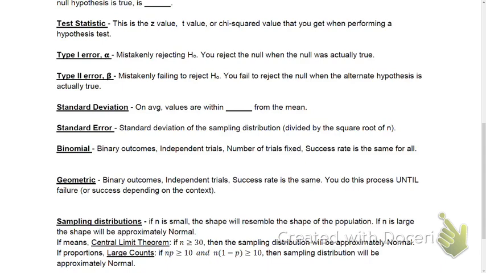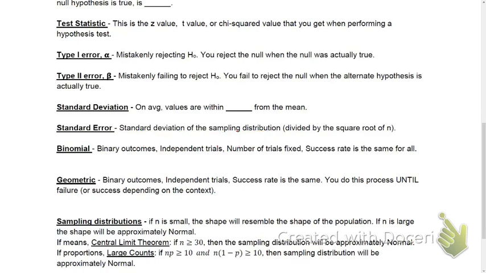If we're talking about means, we're talking about that or that. That's the standard error. If we're talking about proportions, we're talking about that. These two are typed on your formula chart.